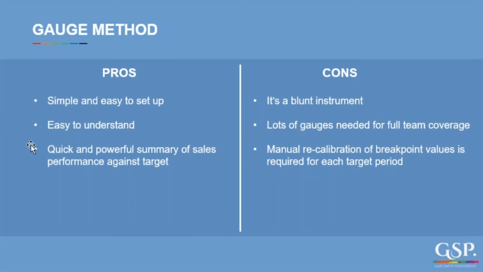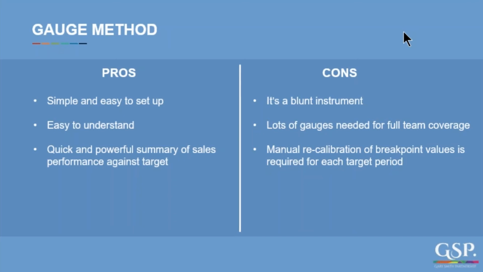On the other hand, it's a blunt instrument in the sense that that first gauge, for example, showing closed won this month, just tells us how much we've won this month. It doesn't really tell us anything else beyond that piece of information.